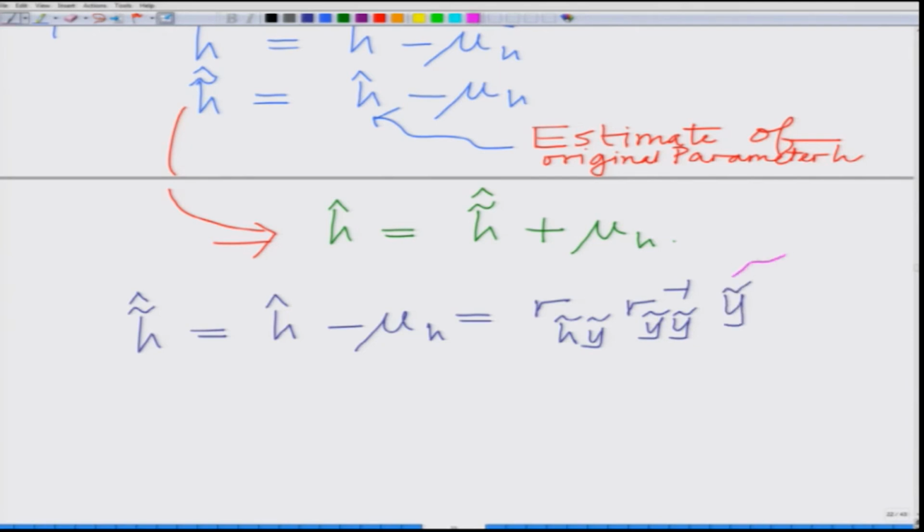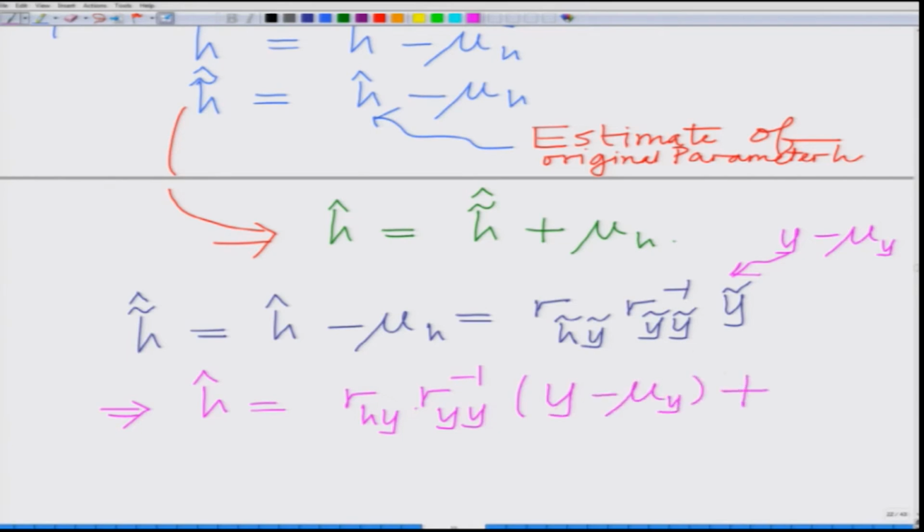But remember y tilde is equal to y minus mu y, which implies h hat equals r h y, r y y inverse, y minus mu y, plus mu h.